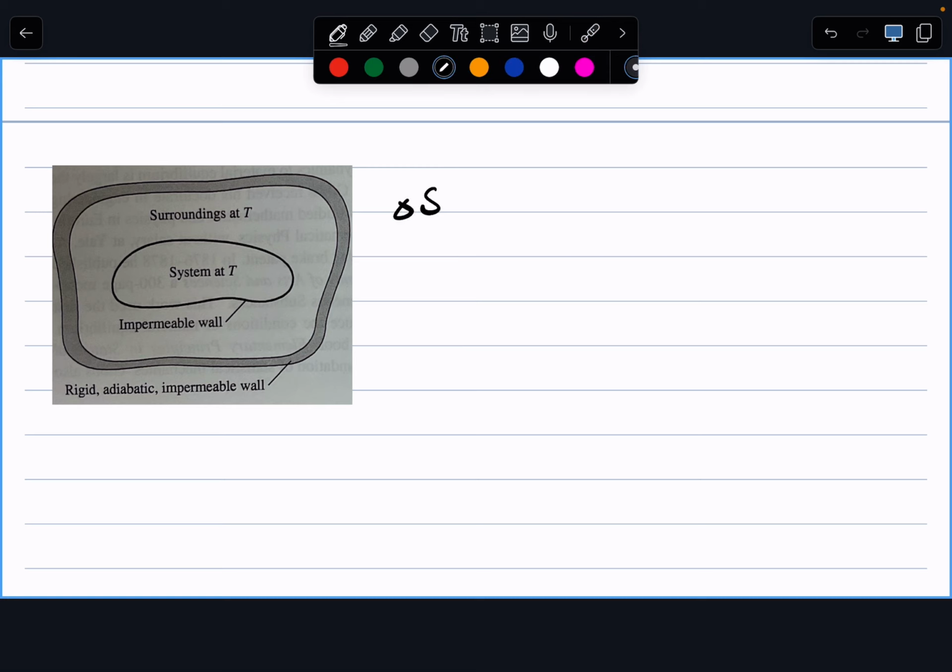We have delta S of my surroundings equals Q surroundings over temperature, because everything is reversible in my surroundings. And we know that Q surroundings equals negative Q system. So let's rewrite that to be negative Q system over temperature. And here we're saying Q surroundings plus Q system equals 0.